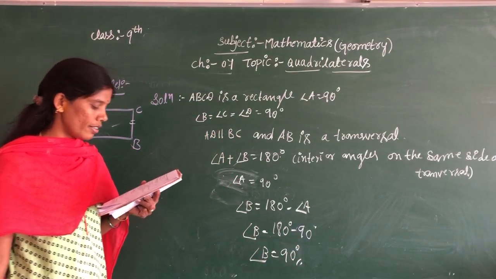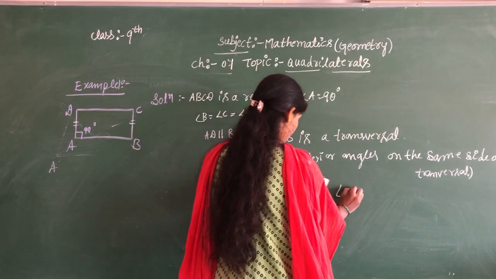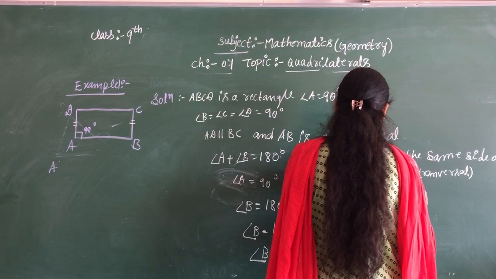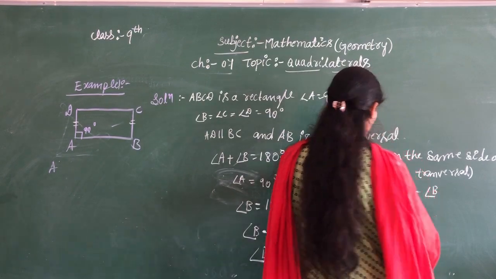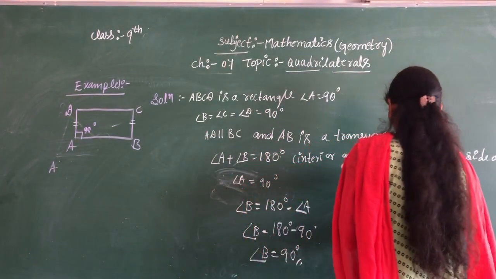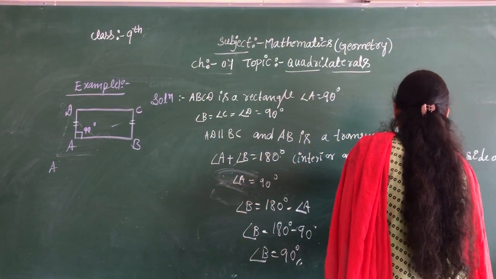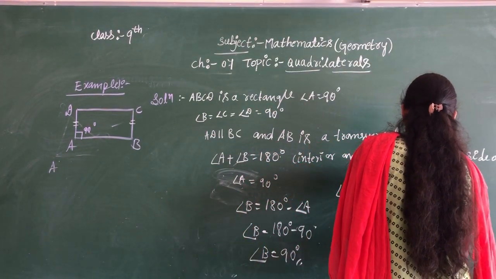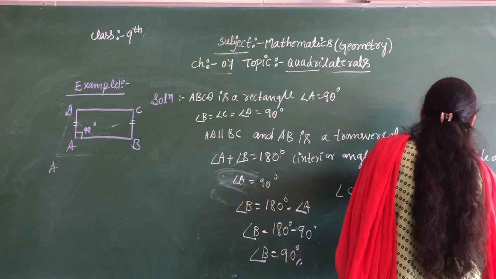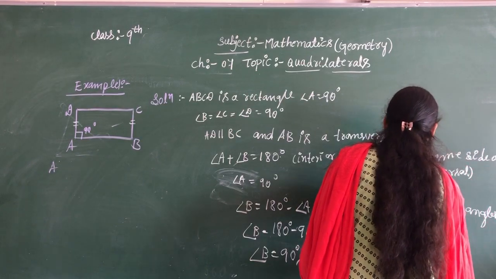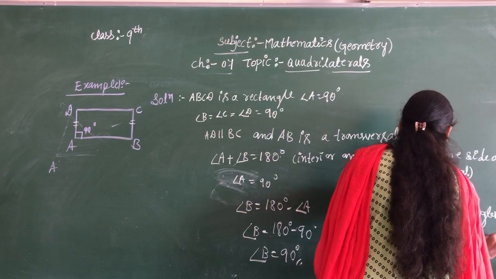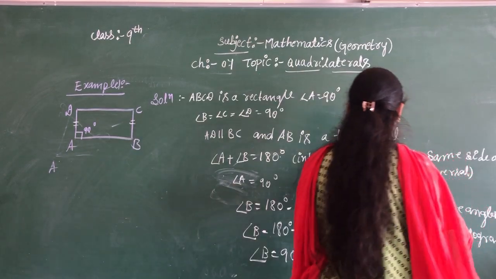Okay. So angle C is equal to angle A and angle D is equal to angle B. Why? Because opposite angles of a parallelogram are equal.